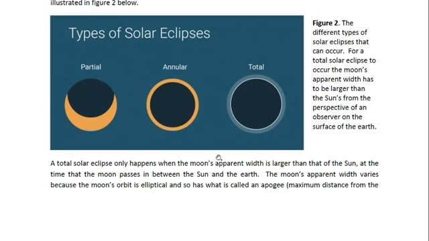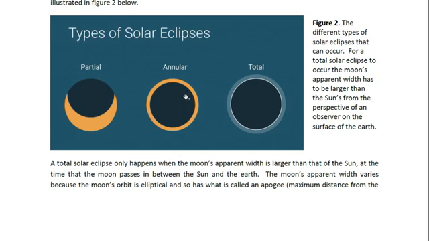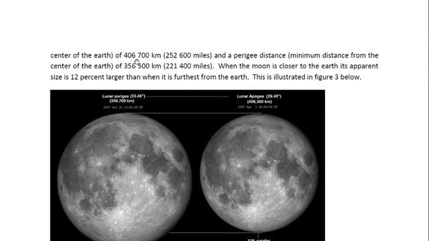The reason why we can get different types of eclipses is because the moon's orbit is elliptical. So it has a maximum distance called the apogee and a minimum distance. The maximum distance is 406,700 kilometers, or 252,600 miles.